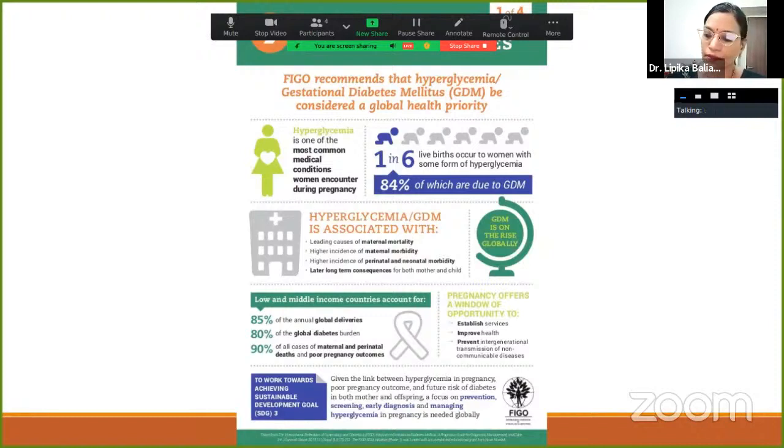The only ray of hope is that because of the pregnancy, when the patient seeks medical service, that offers a window of opportunity to establish our services, to improve health and to prevent the intergenerational transmission of non-communicable diseases, that is, the effect of diabetes mellitus which gets carried over to the fetus.